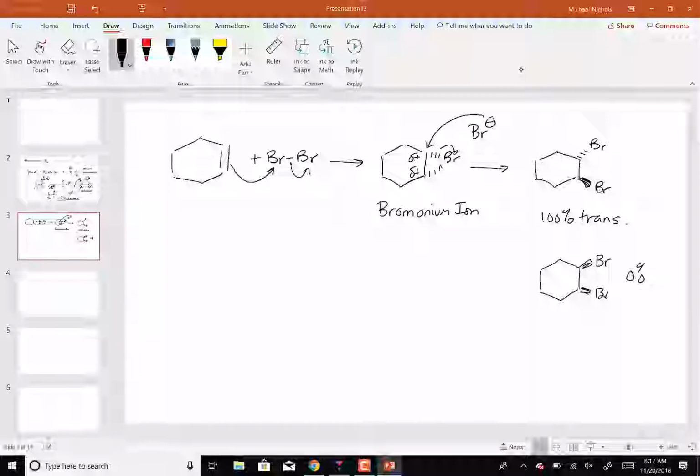So they are diastereomers, so this reaction has selected one of two possible stereoisomers as the major product, and so this reaction is stereoselective. So bromination can be stereoselective.